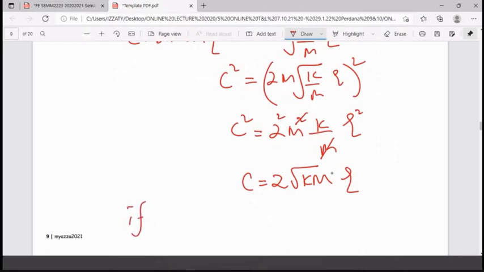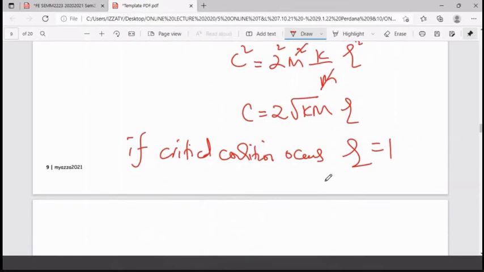If the critical condition occurs, the zeta now equals 1, correct? So your C now is equal to 2 square root of km. Am I correct or not? Yes or no?